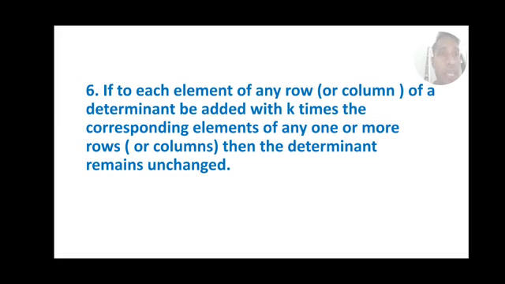If to each element of any row or column of a determinant be added with k times the corresponding elements of any one or more rows or columns, then the determinant remains unchanged. What is the meaning of it? If any elements of row is added with another row multiplied with k, then determinant will be unchanged.